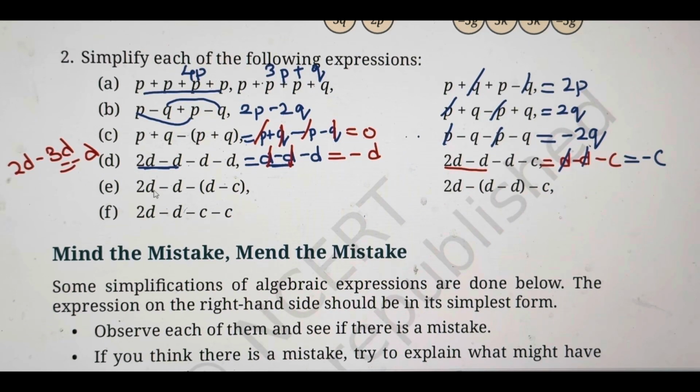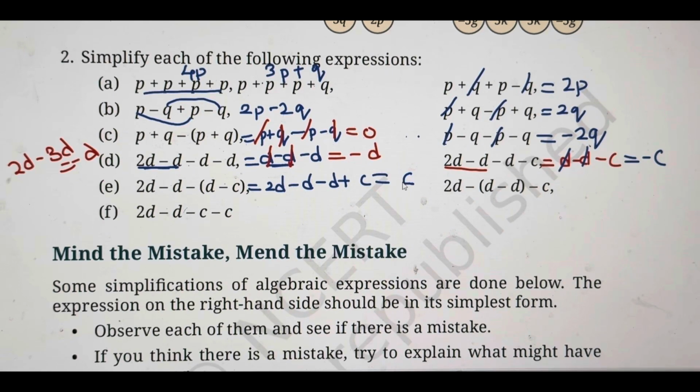Question number E. Now just see here again, there is a bracket. When there is a bracket, you need to be very careful. You need to open the bracket first. So 2D minus D minus D, because this is positive. Now the C is negative inside the bracket. So it becomes plus C. Right? So further if we try to solve it, you'll get, this is positive 2D, this is minus 1, 2, 2 minus 1, 1, 1 minus 1 will be 0.